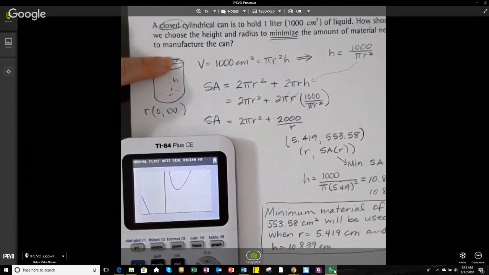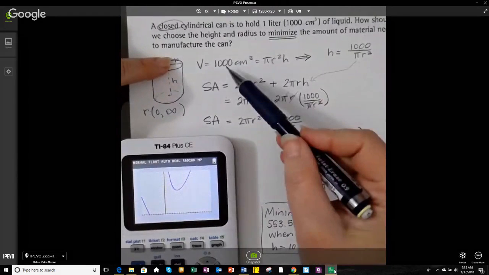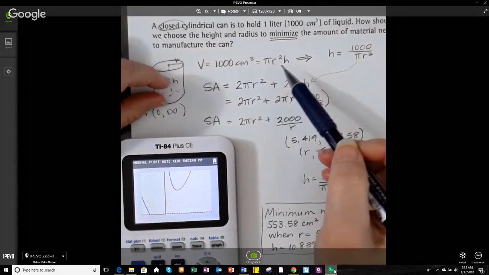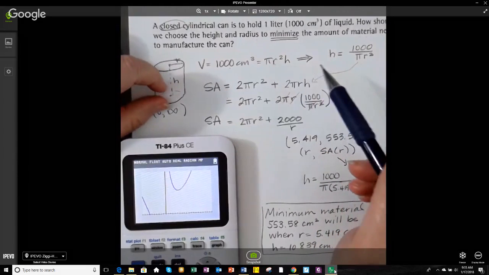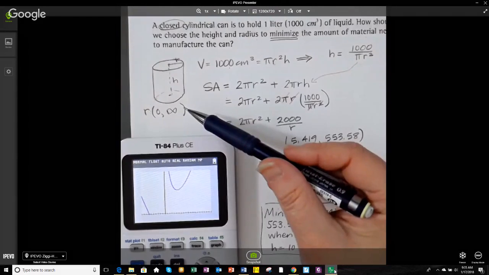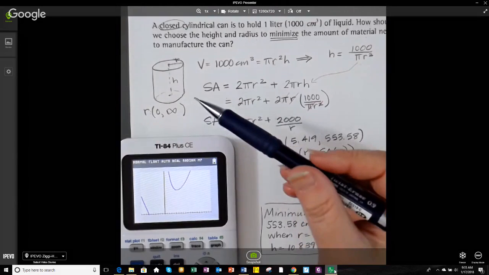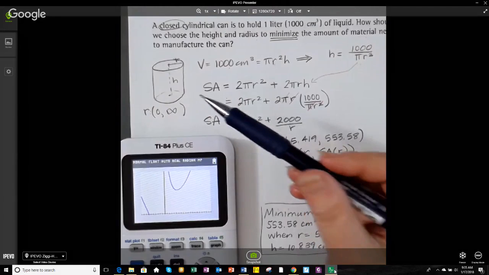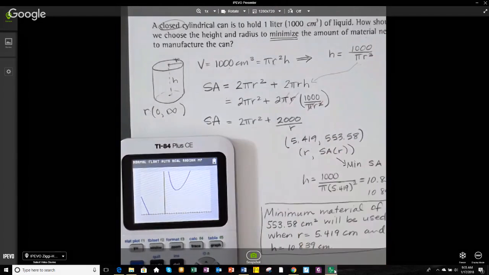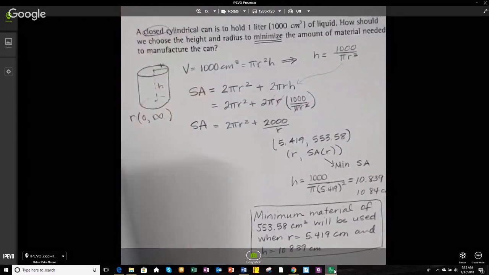If R is very, very large and my volume is remaining the same, the H is going to be very, very small. So this is going to be a very small can if R goes to infinity. So almost flat. So that's not really realistic. It'd be a long, flat piece of paper. But technically, the radius could go to infinity. All right, which is kind of a cool thought there.